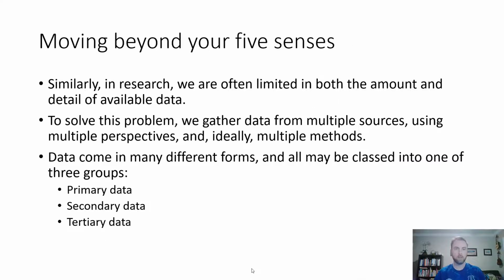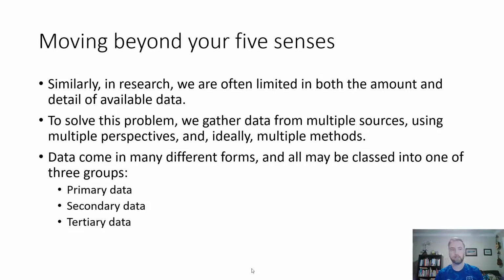Okay. So similarly in research, we're often limited in both the amount and the detail of available data. It's not always easy to get the whole picture. And so you as a researcher, as a GIS researcher, it's up to you to dig as deep as you can and try to approach it from multiple angles. Hopefully, you can find multiple data vintages, maybe data from the current year, data from last year.